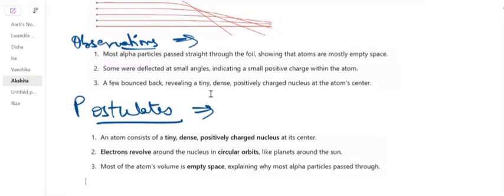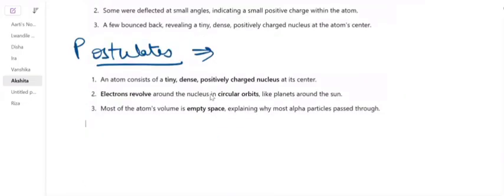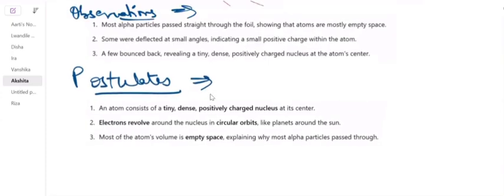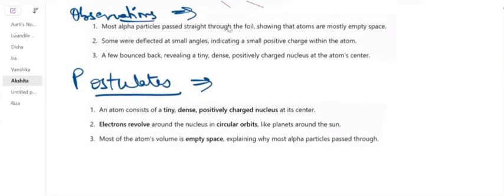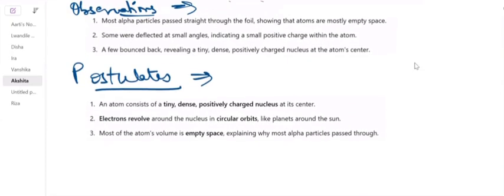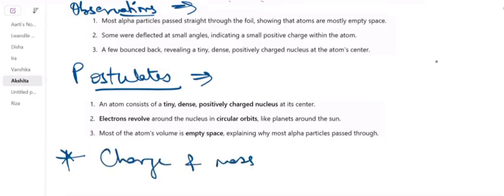Kindly be quick. Now, I think the observation and the postulate of the first one are the same, ma'am. The postulate is different and the observation is different. What he observed, and what conclusion he made. Like a few bounced back, revealing a tiny, dense, positively charged nucleus. Yes, exactly.